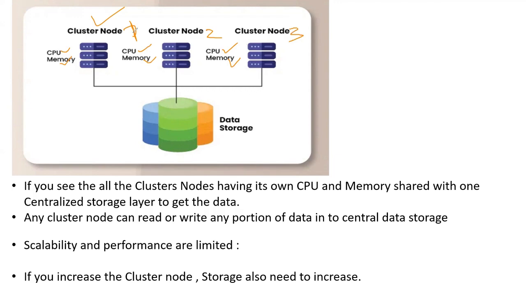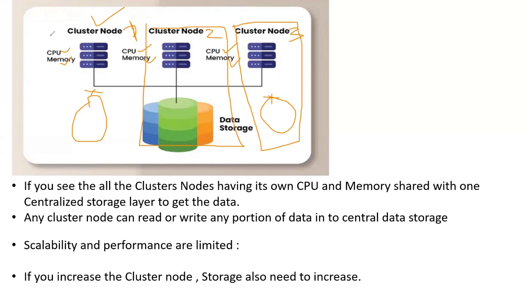these cluster nodes 1, 2, 3, are they having any one storage? No, there is no storage of their own. Own storage would mean cluster node 3 has its own storage, cluster 2 has its own storage, and so on.